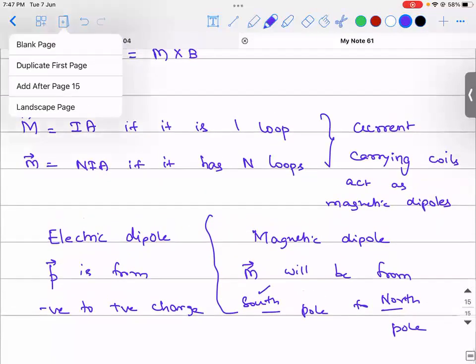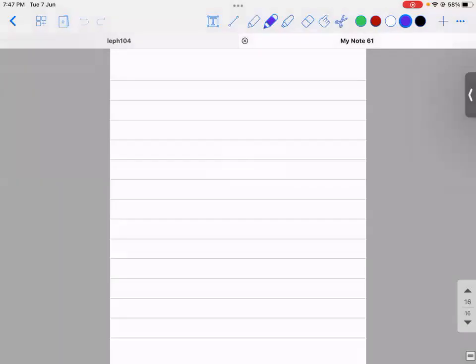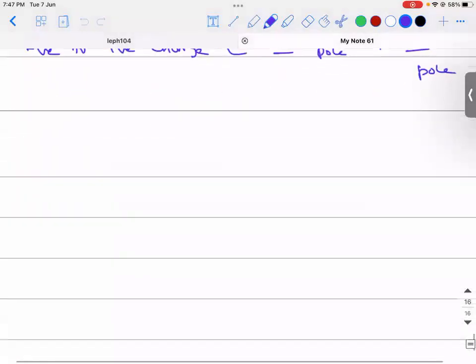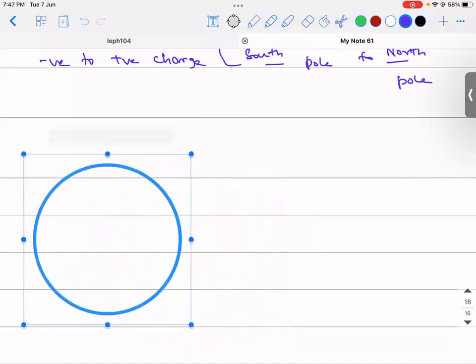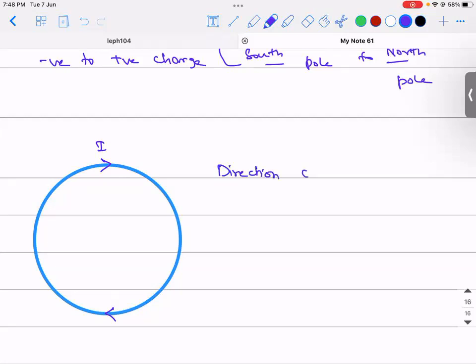Okay, so listen. If you have a current carrying loop like this, then let's say the current is flowing in the clockwise direction. Then what is going to be the direction of magnetic field? This into the plane. It is into the plane. Right?